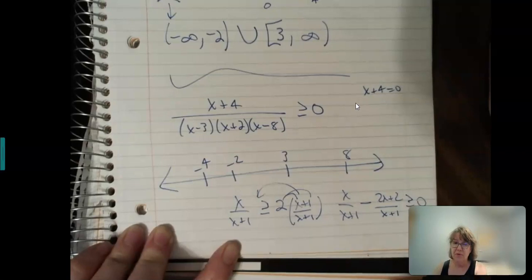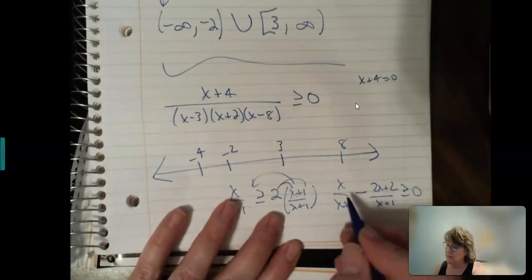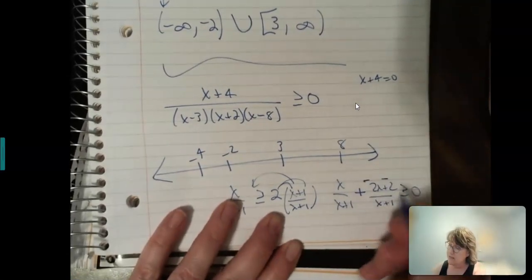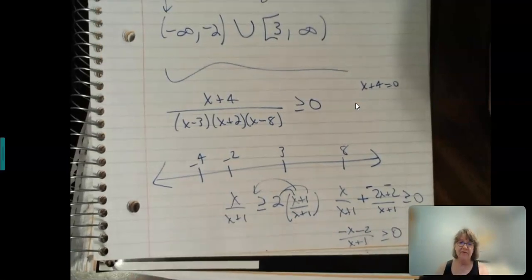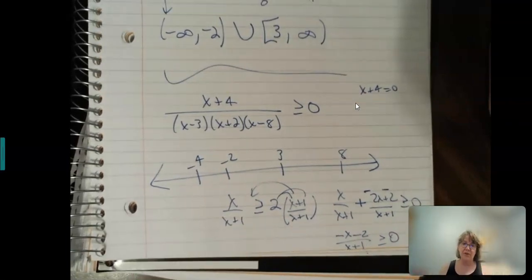Is greater than or equal to 0. And then combine these. So add the opposite, negative, negative, so -x minus 2. And then from there, you might have to factor and do all that work. So that's why you did some of that work early in the review, to help with situations like that.